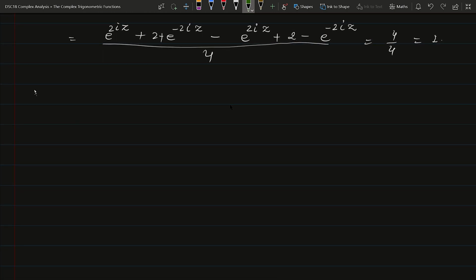And in the same way you can show the fourth one: if I want to identify sine of z1 plus minus z2, then that will be equals to sine z1 cos z2, plus or minus cos z1 sin z2. The same scenario: if it is plus sign then we have plus, if it is negative sign then negative.